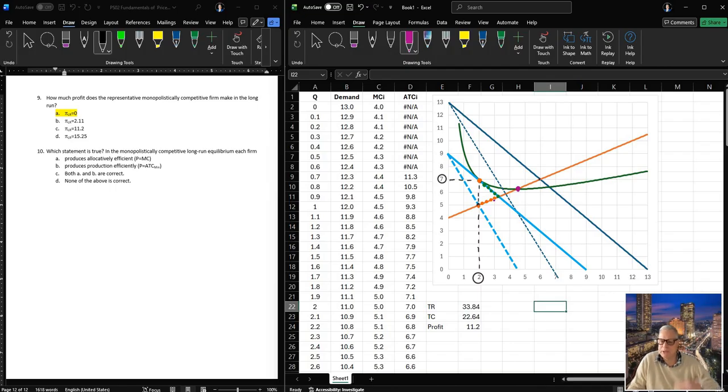And that is why some people say in a monopolistically competitive market we actually have too much competition.